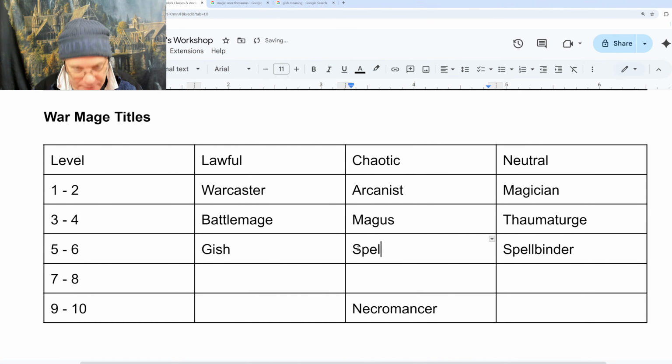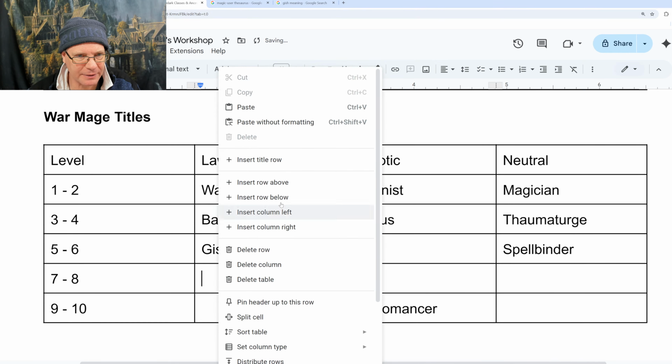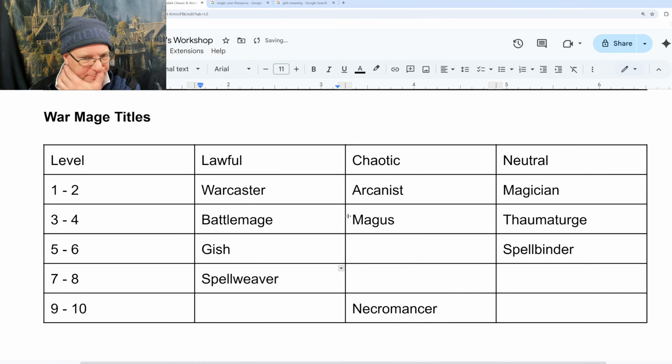What about Spellweaver? Maybe that'll work. Spellweaver feels like it's going to belong more over here, isn't it? And then Mystic.